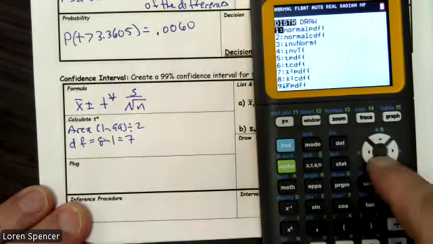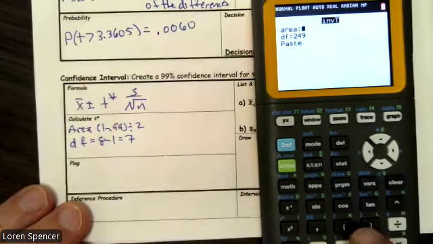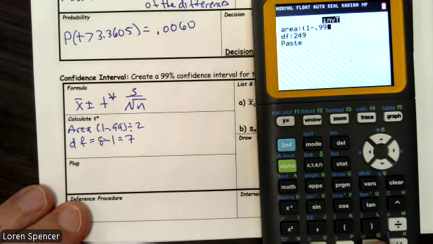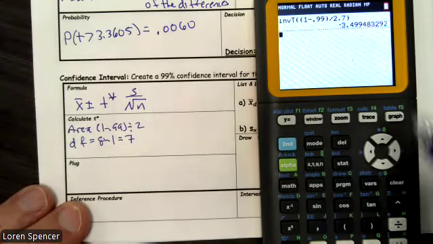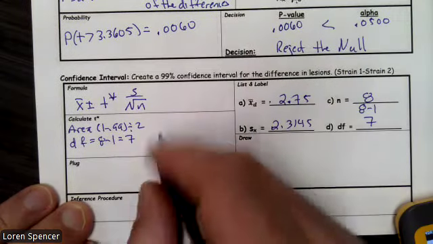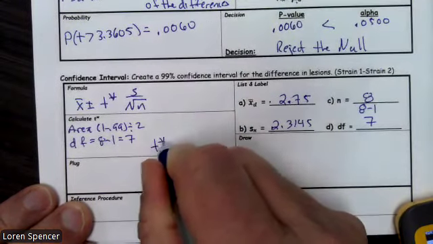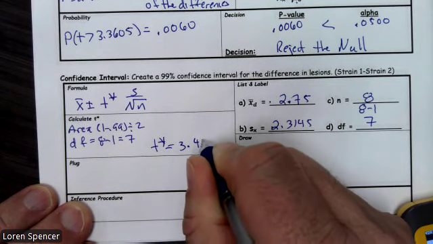So second vars, inverse T, clear, parenthesis, 1 minus 0.99, close parenthesis, divide by 2, degrees of freedom 7. And we get 3.4994. So t-star is a pretty big t-star, and it's because our sample size is so small.